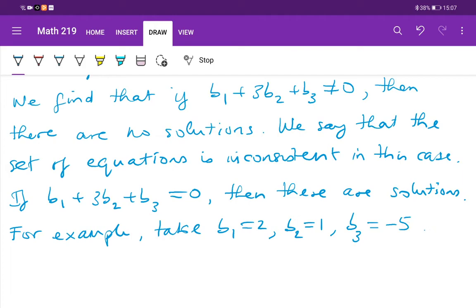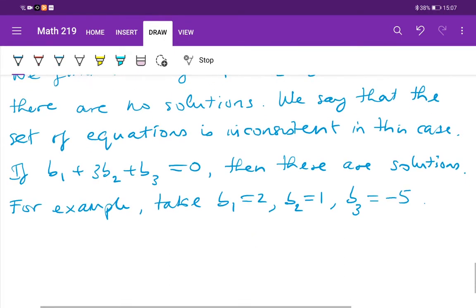It's just an example, one possibility. There are many choices of b1, b2, b3 which make this expression 0. If we take this one, then b1 plus 3b2 plus b3 is equal to 0.